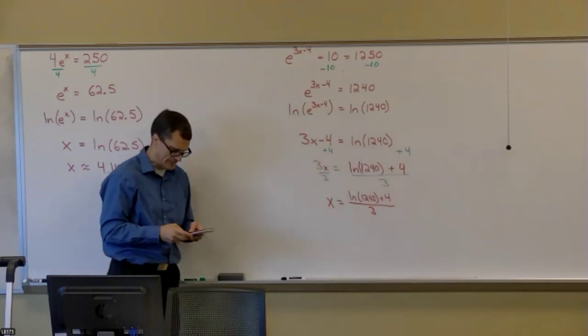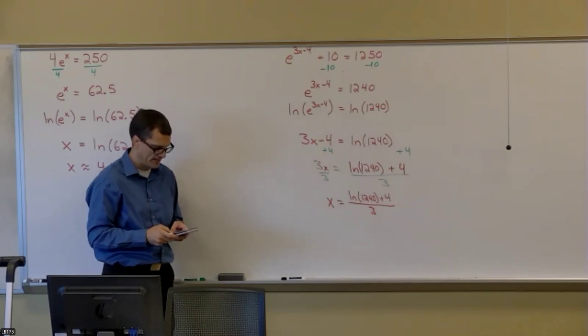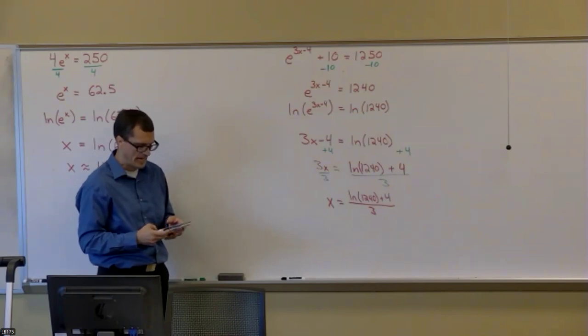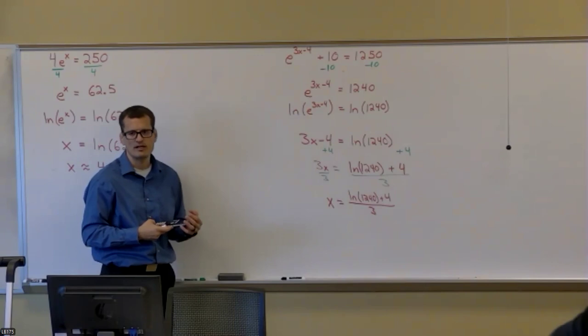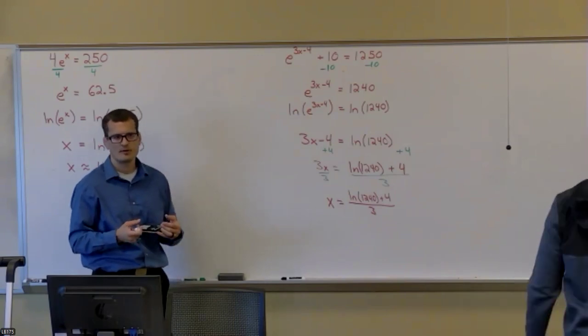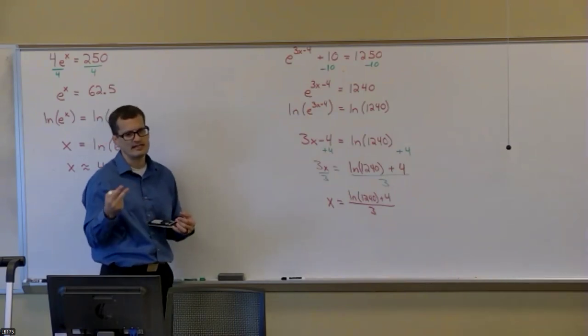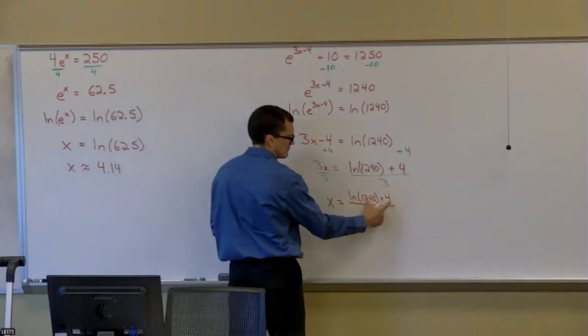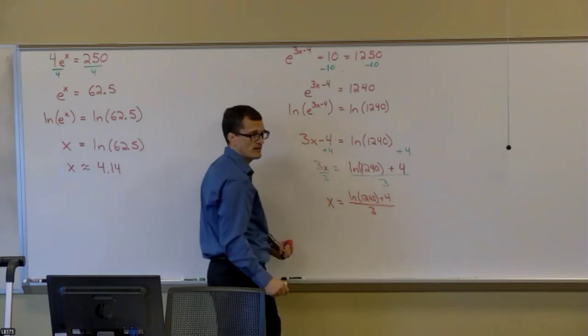So, natural log of 1240 in my parentheses, plus 4 on the outside of the argument, and then divide by 3. I get about 3.71. So you guys all got it. I did that in 2 steps. Make sure you add the 4 to that natural log before you divide by 3.